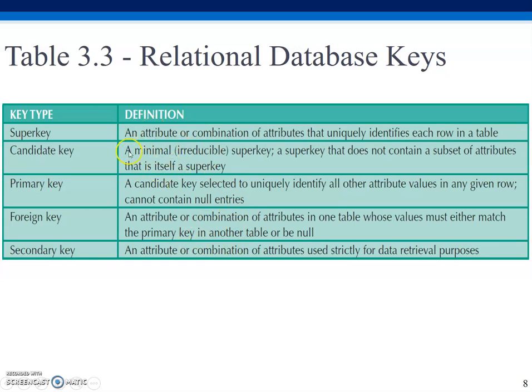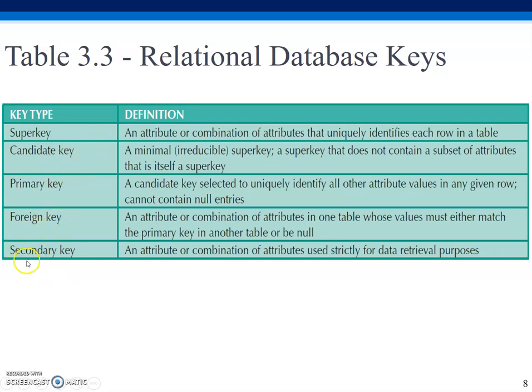So, candidate key here is all the possible primary keys. In a table, we may be able to identify at times several possible primary keys. In this case, those are all called candidate keys. Once I've chosen one of the keys as a PK, then the rest will be seen as alternate keys.